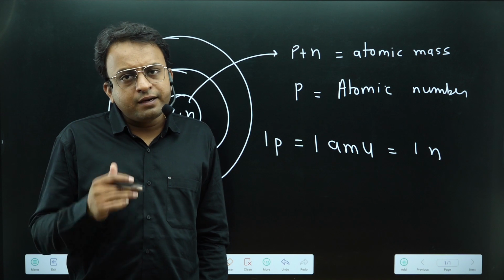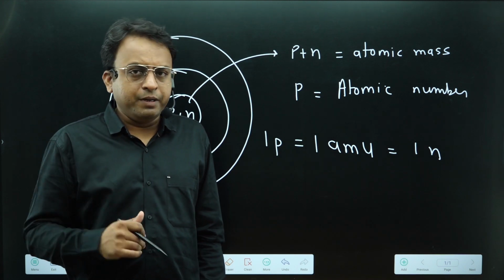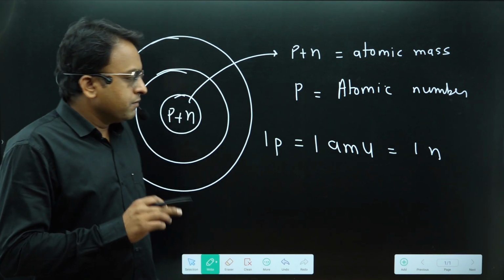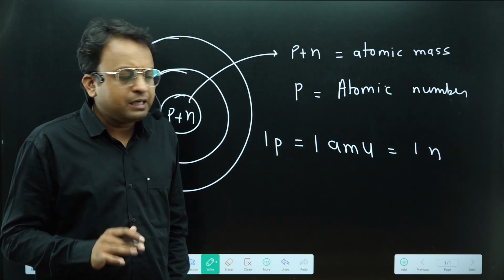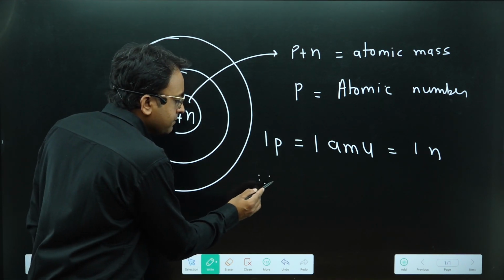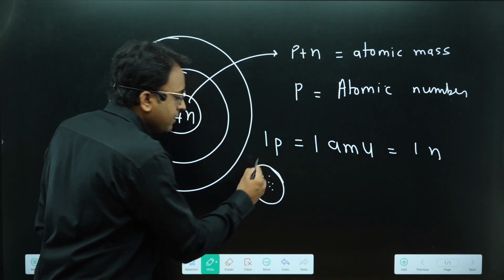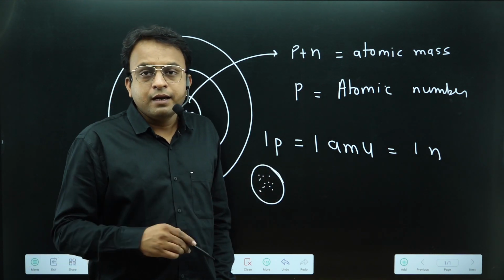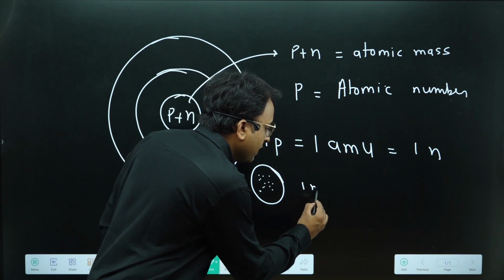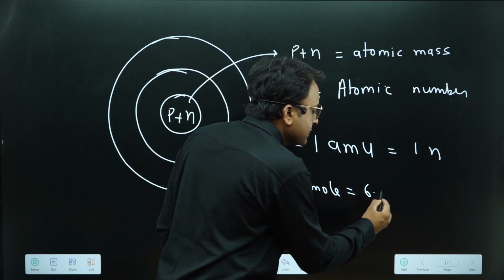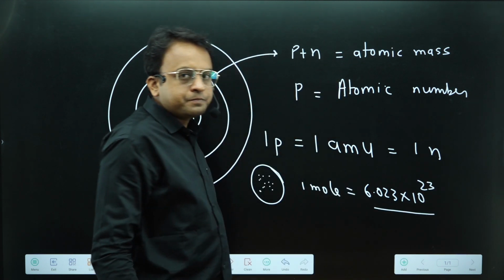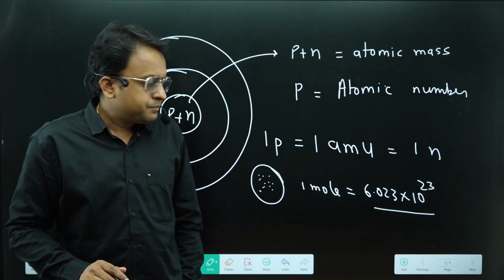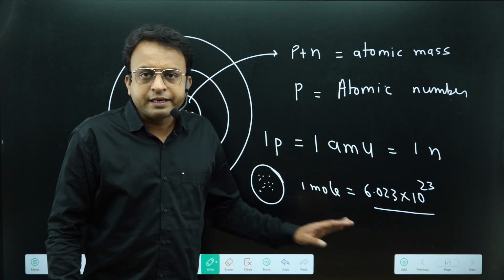So how can we understand an atom? One atom cannot be seen or studied by an individual, but a group of atoms can be studied and is visible, and that group is called 1 mole, and 1 mole is 6.023 into 10 raised to the power 23.